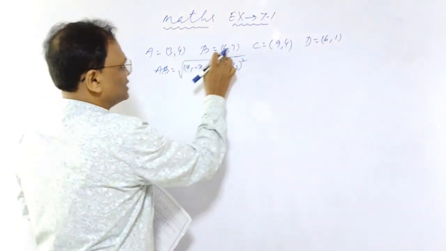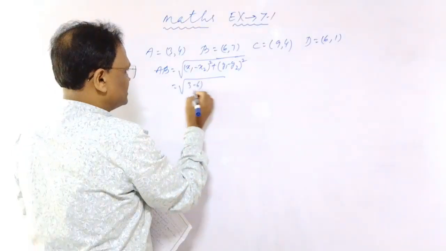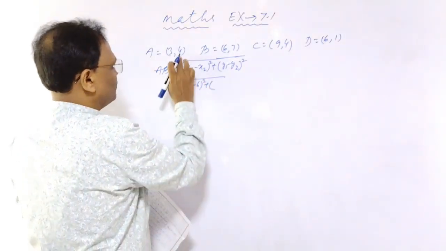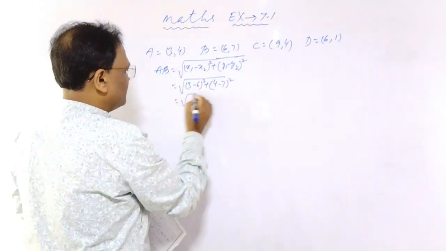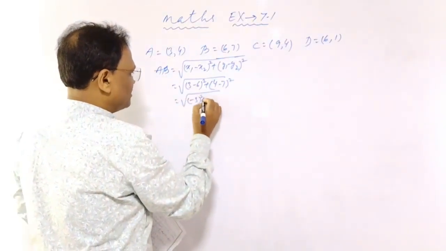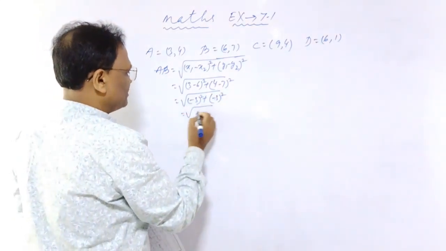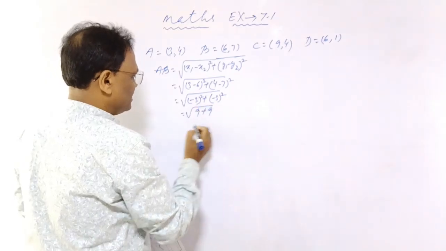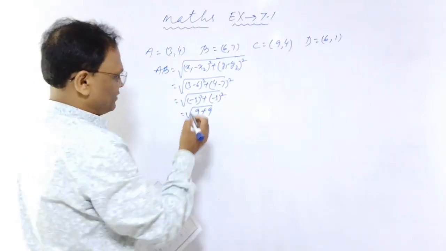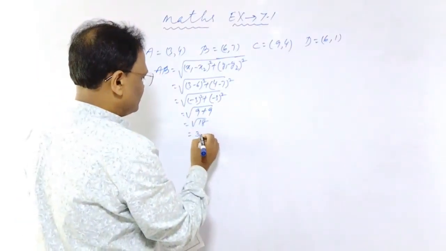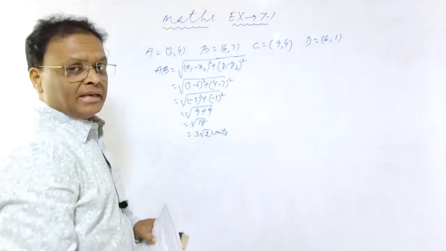So x1, y1, x2, y2. 3 minus 6 whole square plus 4 minus 7 whole square. 3 minus 6 is minus 3 whole square plus 4 minus 7 is minus 3 whole square. So what am I getting? 3 3s are 9 plus 3 3s are 9. That is root 18 I got. But if I simplify, I'll get 3 root 2. So AB I got 3 root 2.